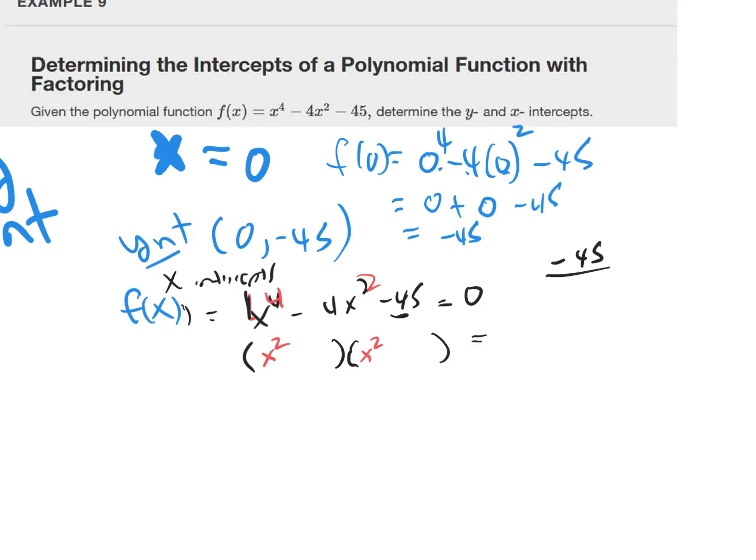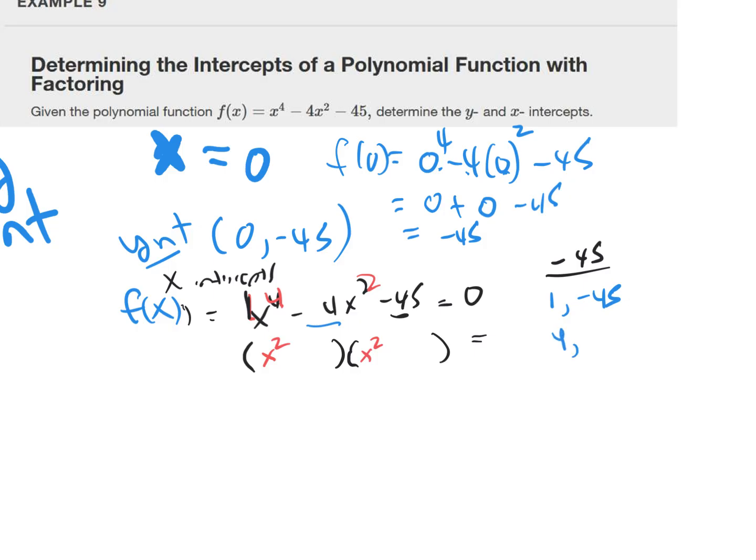So if I say a positive 1 and a negative 45, that would multiply, but when you add those two together, you will never get a negative 4. So I need to start with a bit bigger number. What else goes into 45? Well, I know that 9 times 5 is 45.